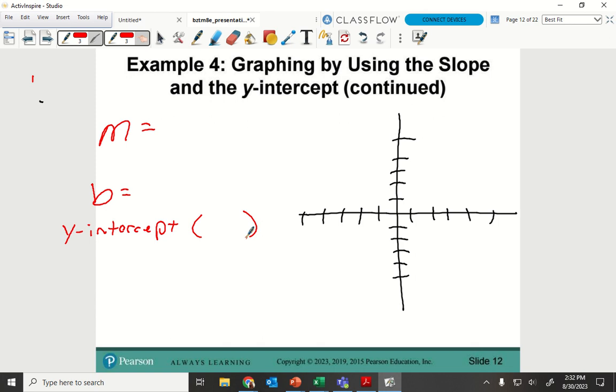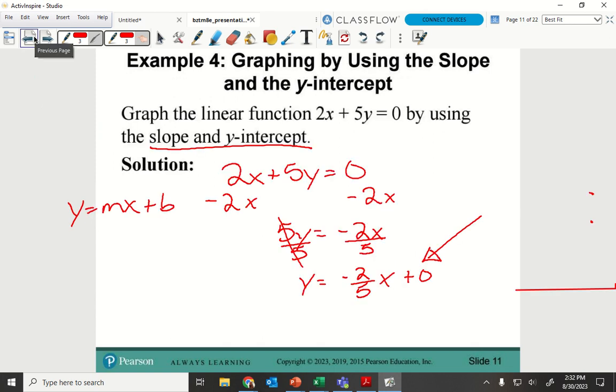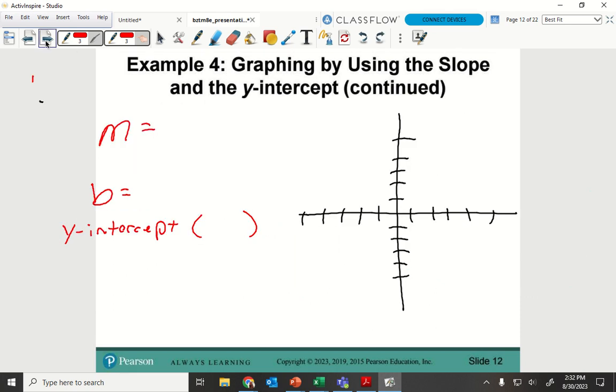Negative 2 over 5. Slope is the number in front of my x. Right here, my slope is right here, negative 2 over 5. This is my b. So slope is negative 2 over 5, and my b value is 0. So the intercept point is going to be 0, 0, because b is the 0 there, right?